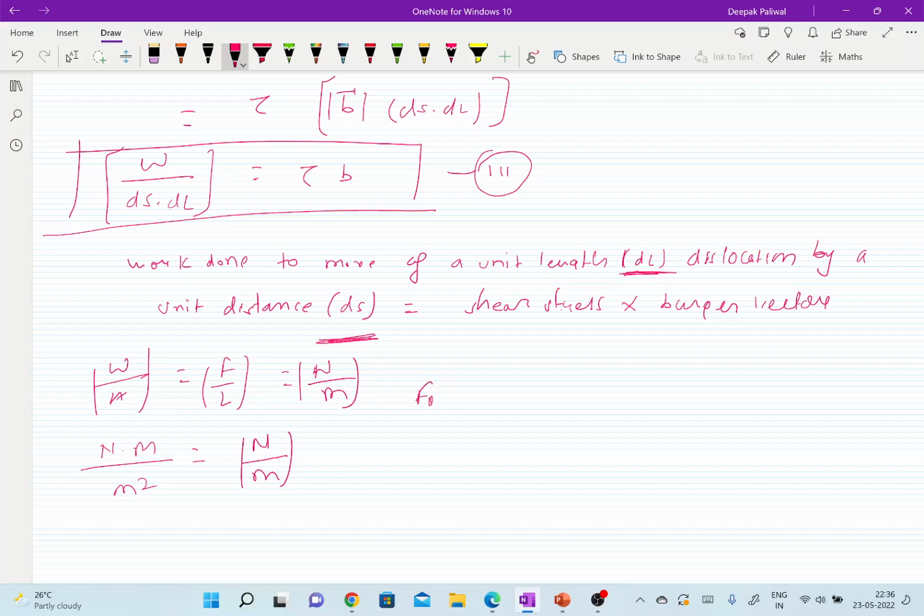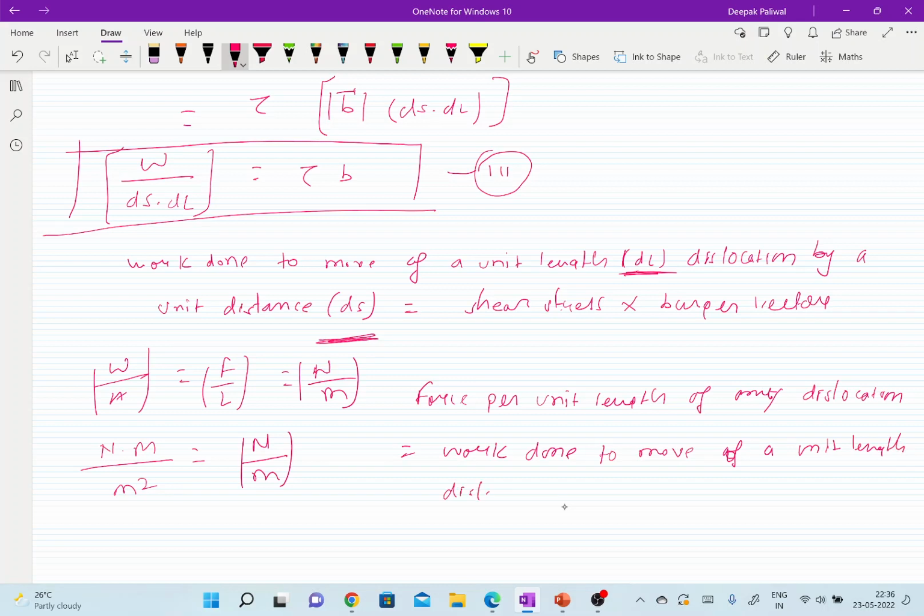So the force per unit length of any dislocation will be equal to the work done to move a unit length dislocation by a unit distance.